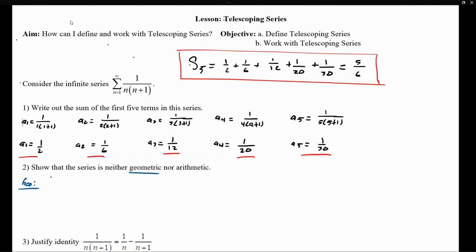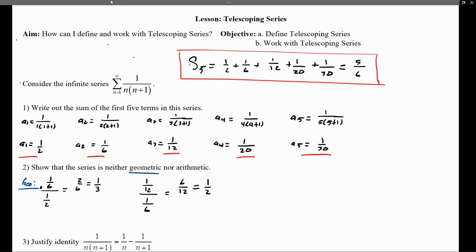Let's get the second term and divide it by the first. That is going to be equivalent to 2/6, which is equivalent to just 1/3. So it's saying that we have a ratio of 1/3. Well, let's see if we get the same ratio if we get the third term and divide it by the previous one, which is 1/6. If we do this, we're going to get 6/12, which is equivalent to 1/2.